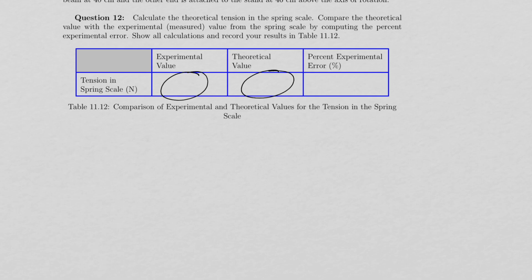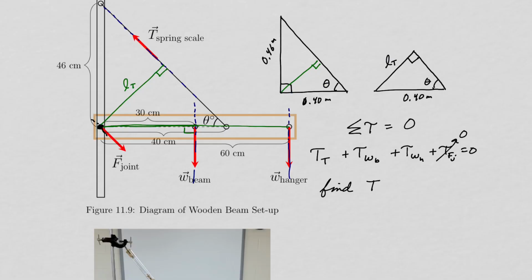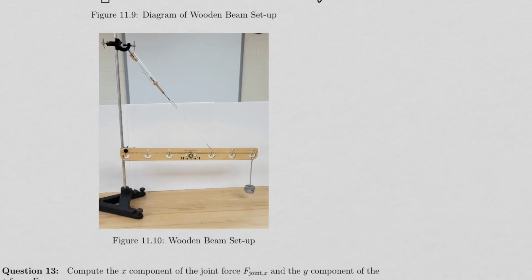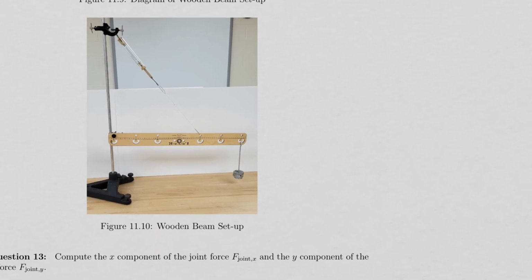So you'll know whether you calculated correctly or not, because it should be very close to that. You should have a very small percent experimental error. By the way, here's the actual setup. So here's the spring scale that I read. I think it was like 8.30 is the value I gave you.